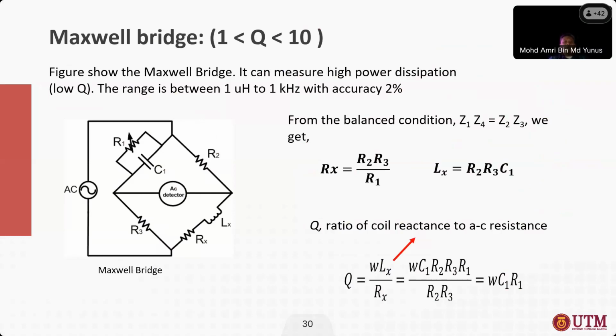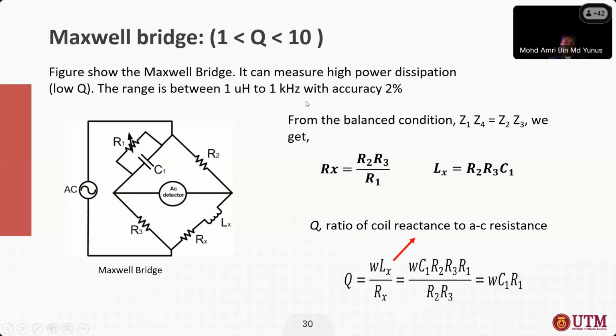This is called the Maxwell bridge. So the Maxwell bridge can be used to measure high power dissipation, and the range of frequency is about 1 micro ohm to 1 kilohertz.